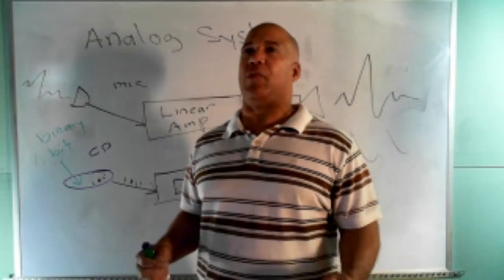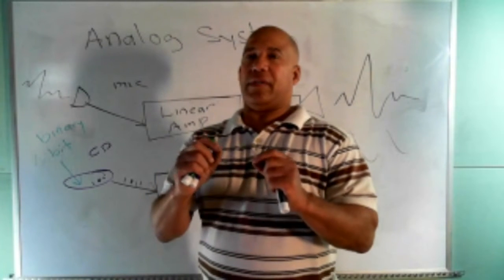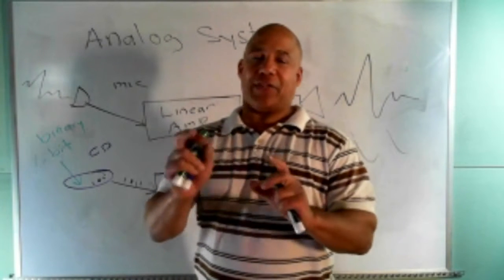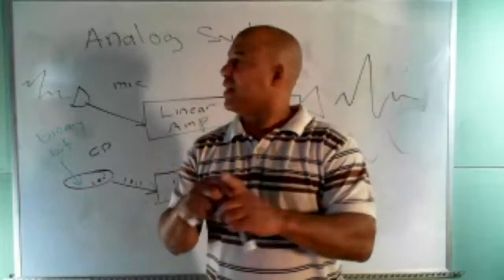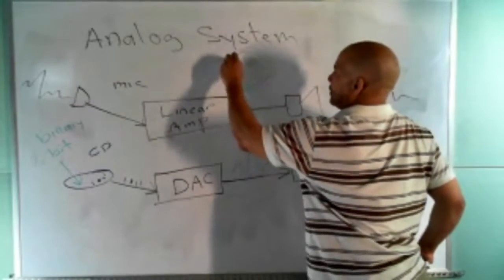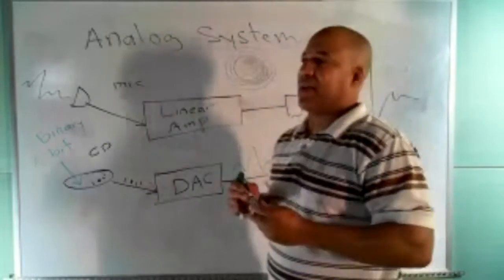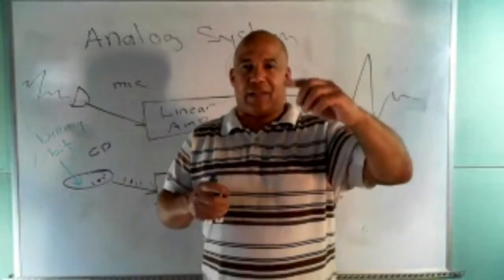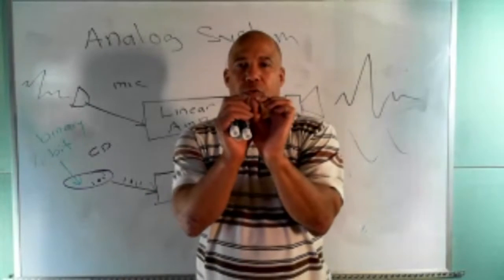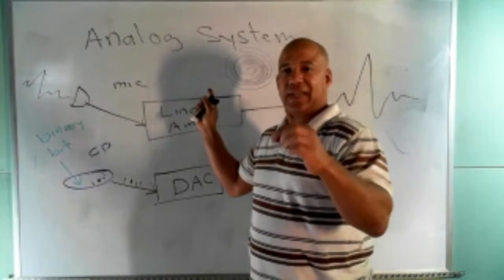So vinyl, the way that works is, I guess you guys know, the vinyl has little grooves in it, and it's like a little spindle like this. Right? And the music is actually stored in these little irregularities in the grooves. These little tiny irregularities actually represent sound.